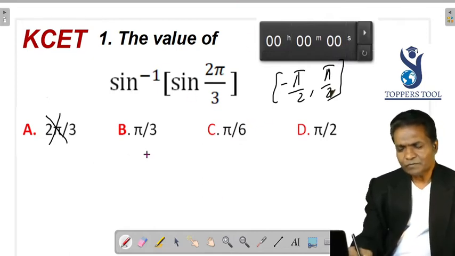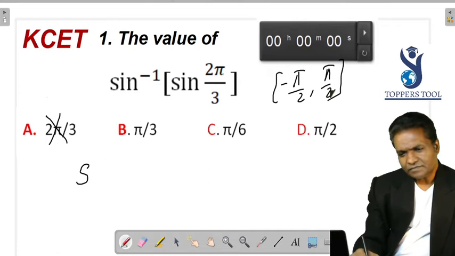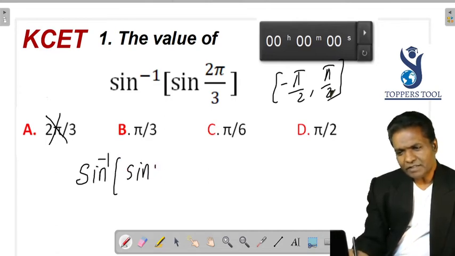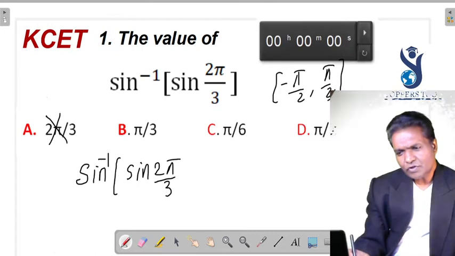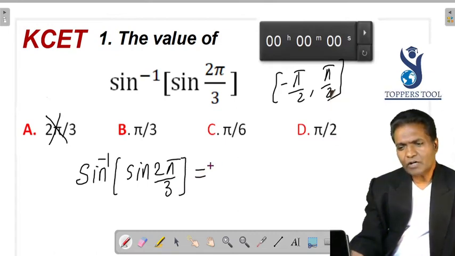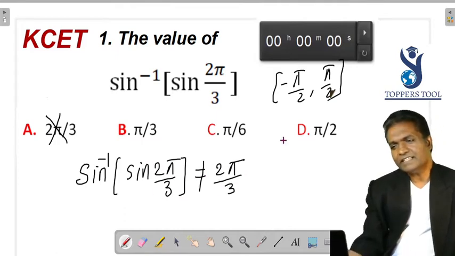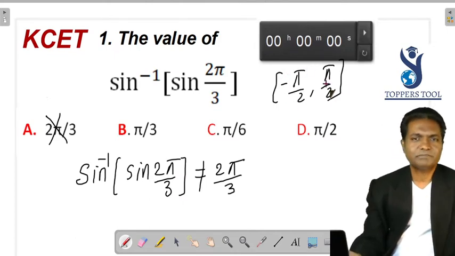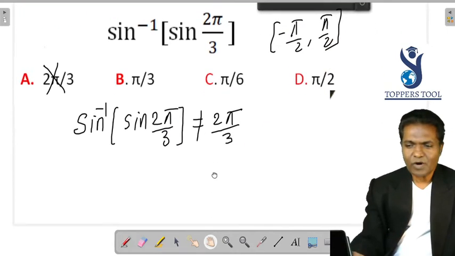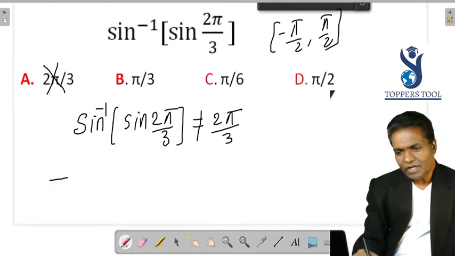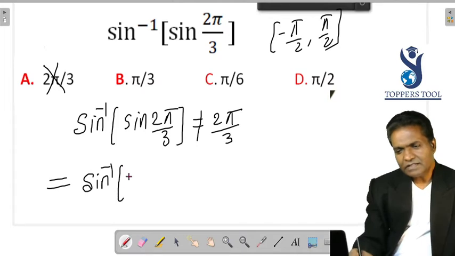First of all, sine inverse of sine 2 pi by 3. You cannot write it as 2 pi by 3 because 2 pi by 3 is not in this principal branch. So what we need to do is express this in another form.